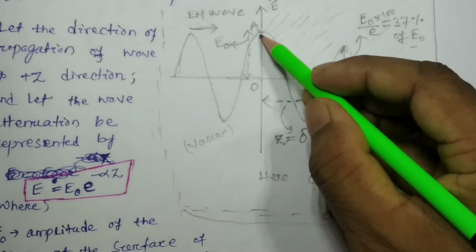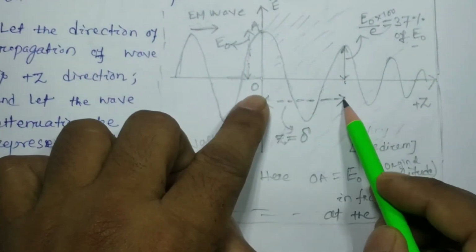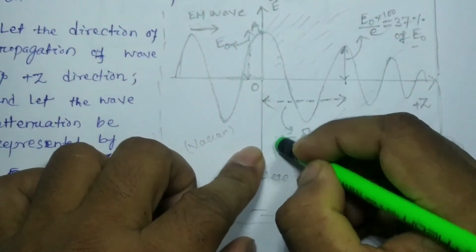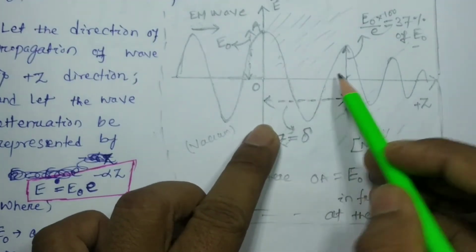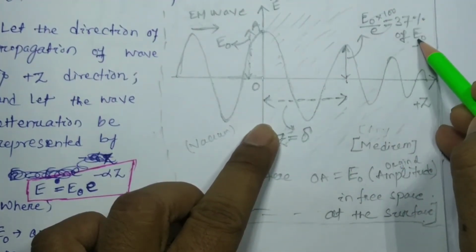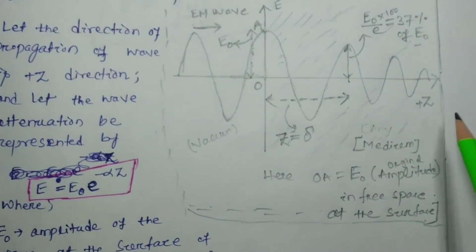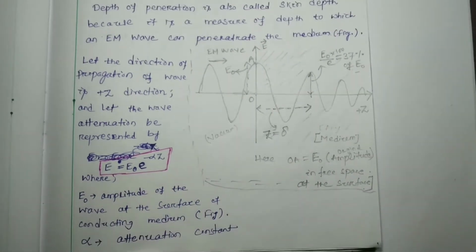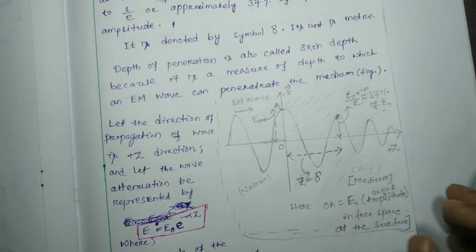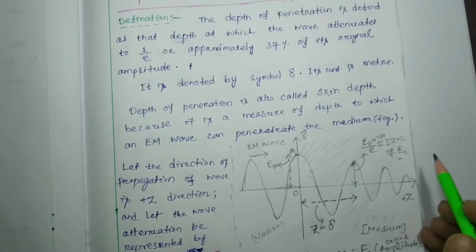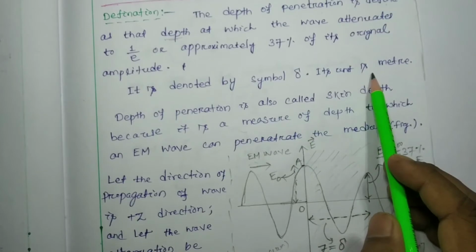When it penetrates to a distance z equal to delta, its amplitude remains 37% of E0. Here the electromagnetic wave is propagating along the positive z axis direction. Whatever we have discussed, I have written, and mathematically we will find the delta value for a conducting medium. It is denoted by delta, and its unit is meter.